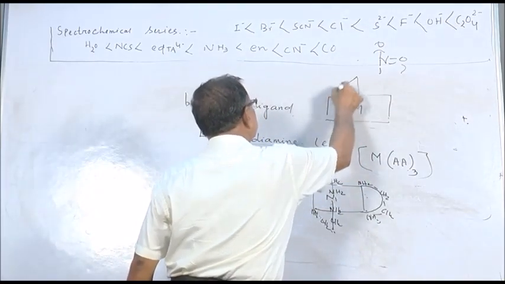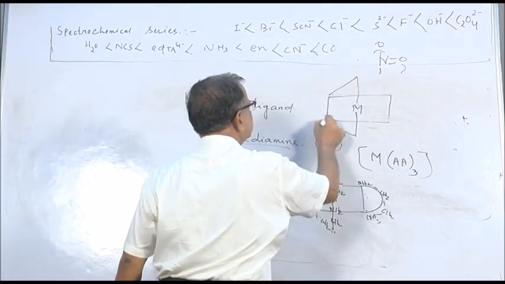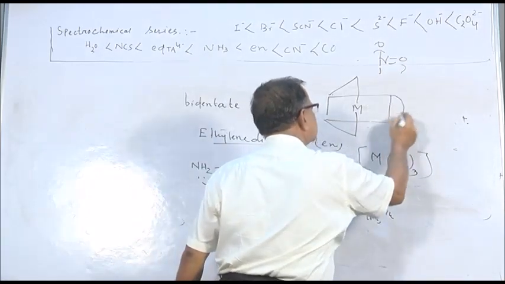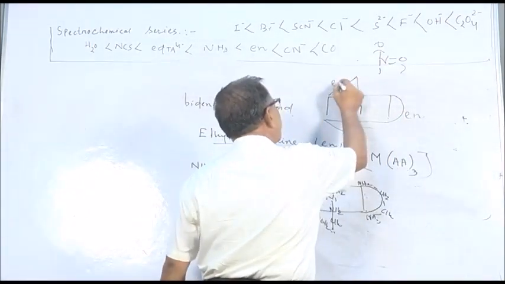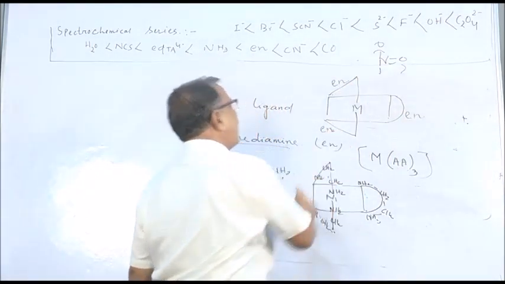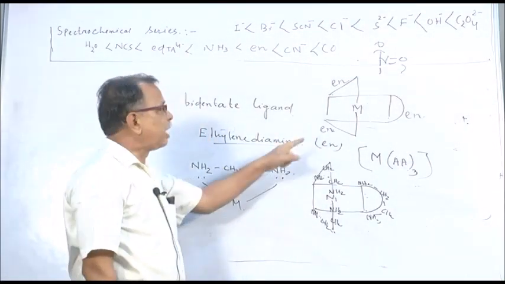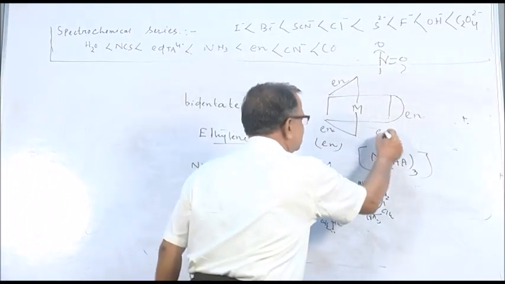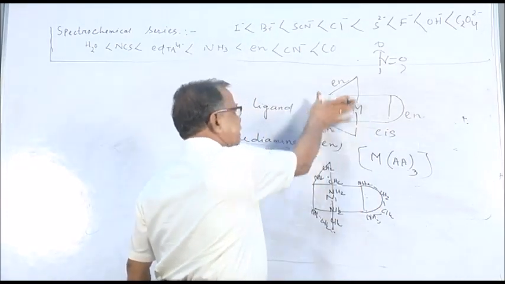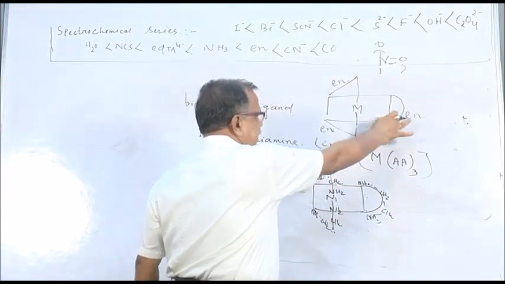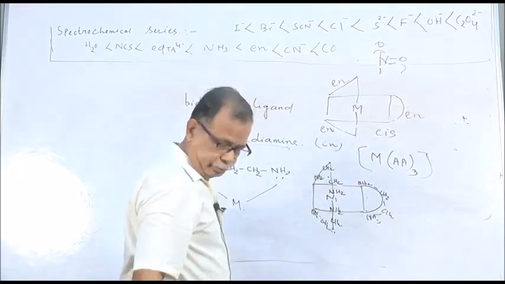If we keep this position, the other position will be this, and this position will be this. En, en, and en. The bidentate ligands occupy 6 positions. Two en remain on the same side, therefore it is called cis form, because this en and this en remain on the same side, and another en is on that side.